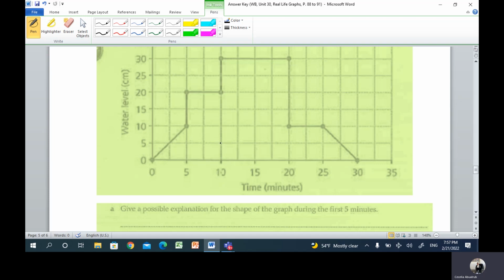This is the water level that's going up and down, and this is the time. Give a possible explanation for the shape of the graph during the first 5 minutes. So the first 5 minutes we're starting here, and this is the time. So 5 minutes is until here. As we can see, the bath is being filled from the top.